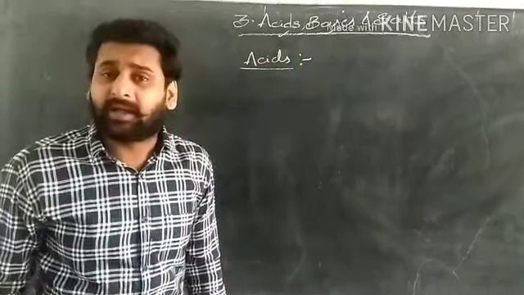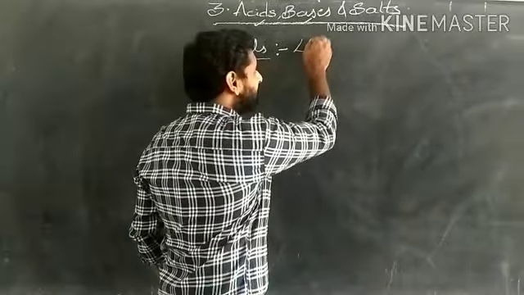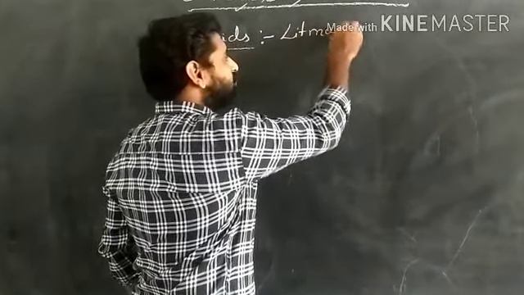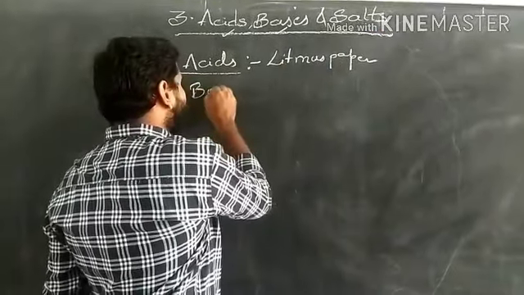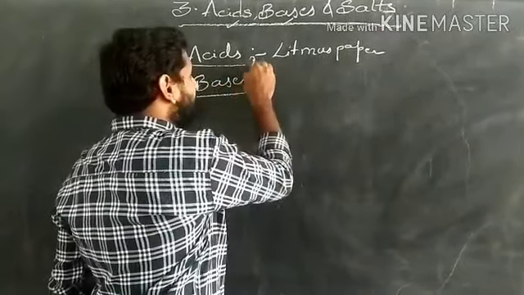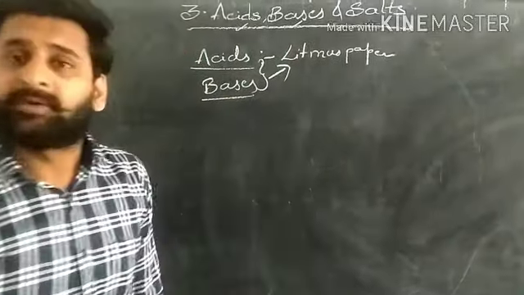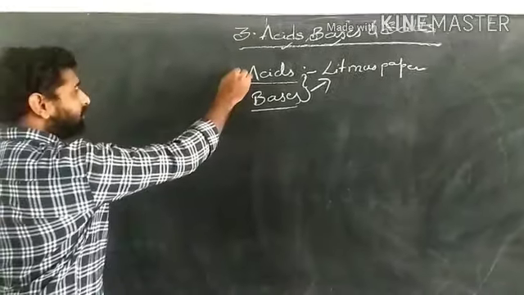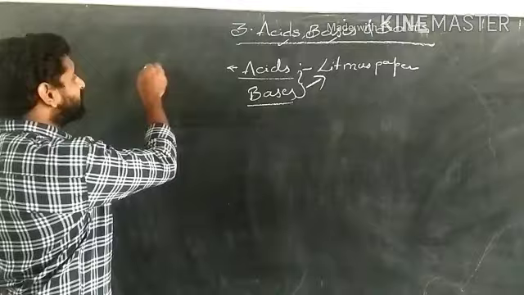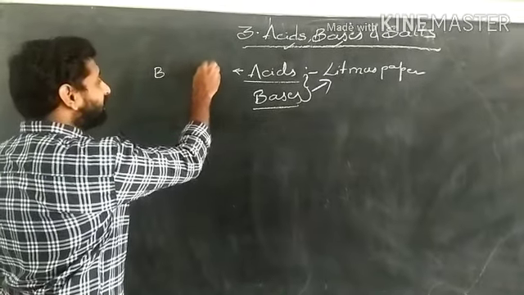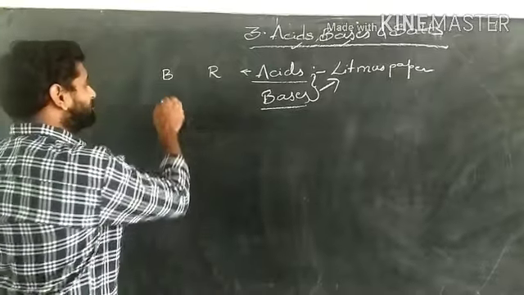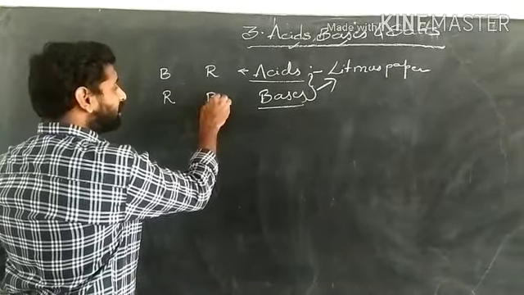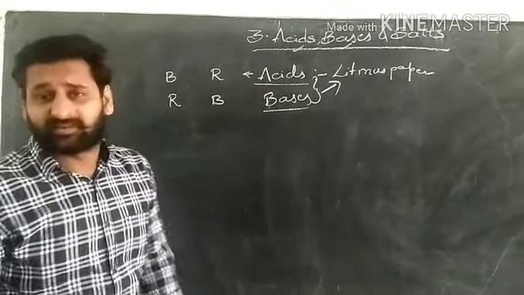We learned about litmus paper, which can be used for both categories, acids and bases. Simple. When it turns from blue to red, we call it an acid. The opposite, red to blue, is called a base.